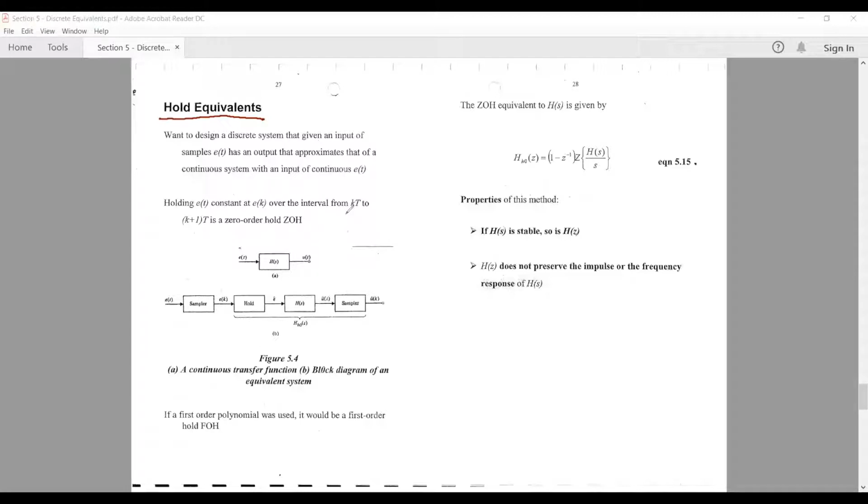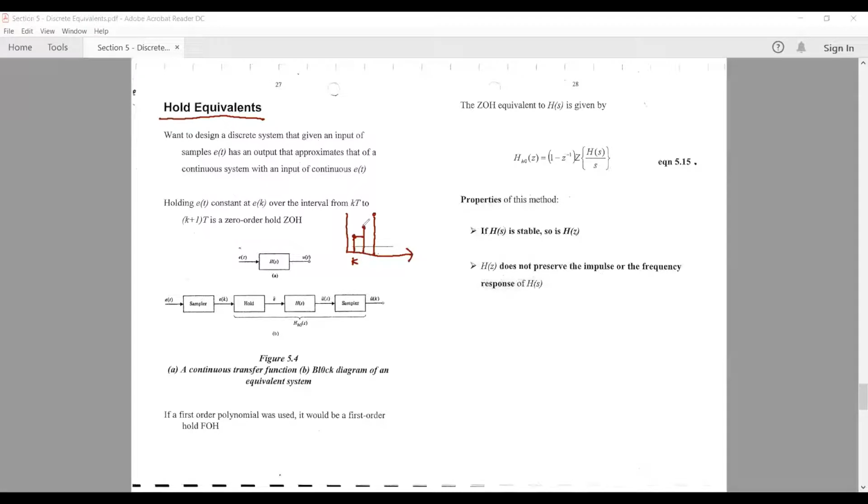So, for example, if you take samples like this at various values of k, then what a zero order hold will do is take the value at k and hold it until the next sampling time, until we go to k plus 1.